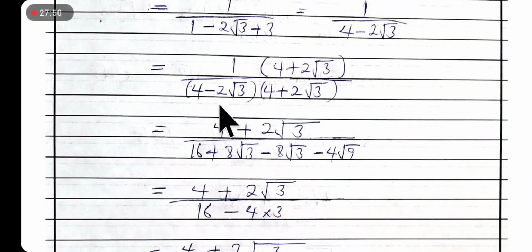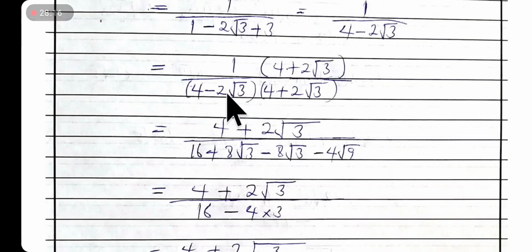We open this bracket now. 4 times 4 is 16. Okay, then 4 times 2 root 3, because 4 times 2 is 8, then root 3 is what we bring down here. Then minus 2 root 3 times 4 is minus 8 root 3, because 4 times 2 is 8. Okay, so the minus times this plus is this minus.